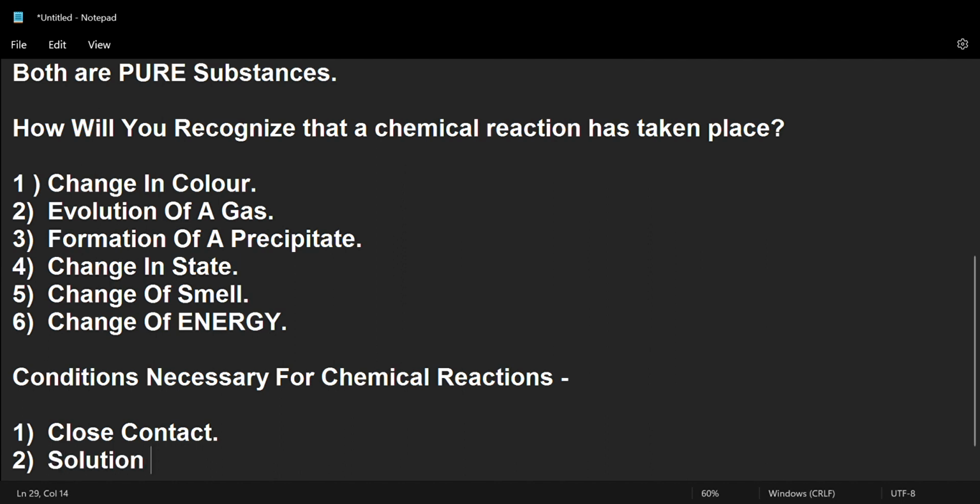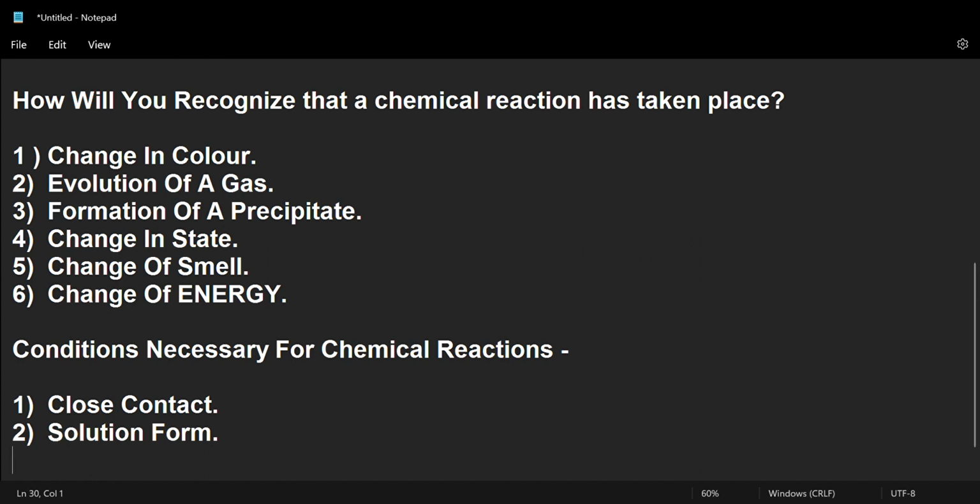Number 3 is heat. This will be easier, so I prefer you to say heat. You can also say close contact, solution form, if you can learn it. Some substances need to be heated to undergo chemical change.